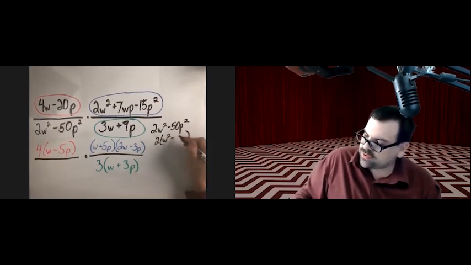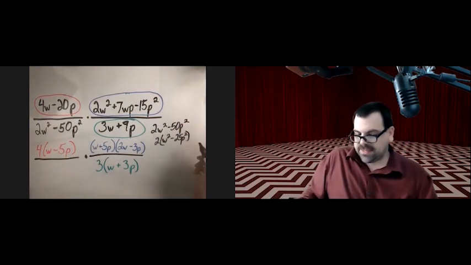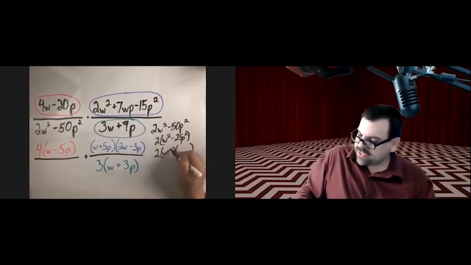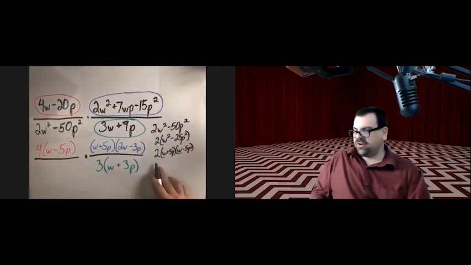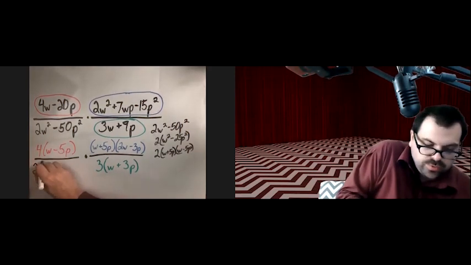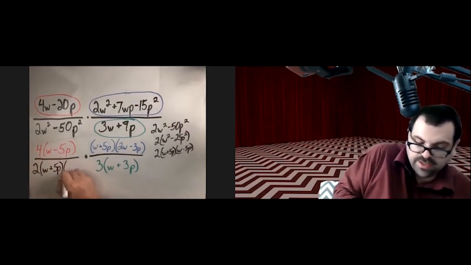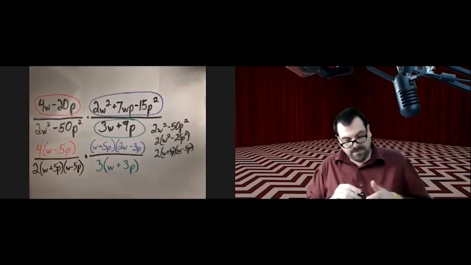We're left with w squared minus 25p squared. And that's a difference of squares. w plus 5p, w minus 5p. Don't forget that 2 we factored out in front. 2 times w plus 5p times w minus 5p.